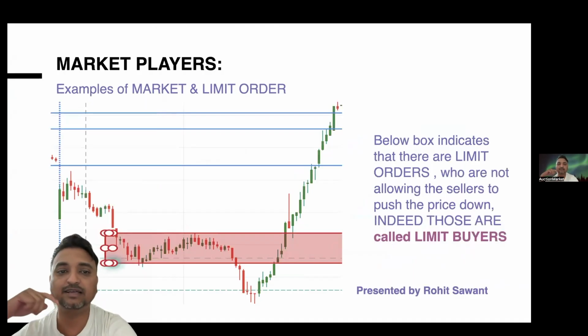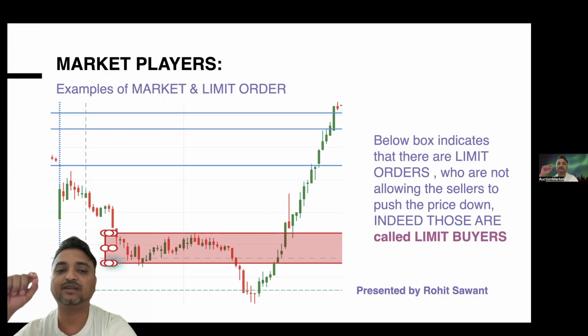So yeah, here is the best example for limit orders. The price is coming down, and you can see that particular box. What you can see is a kind of absorption happening over there. They're not allowing the sellers to go down. So limit buyers are trying to acquire as many positions as possible.